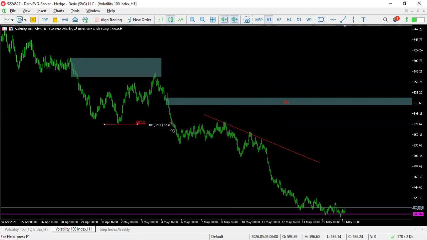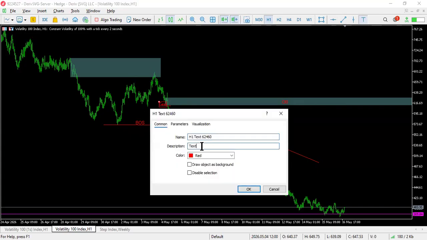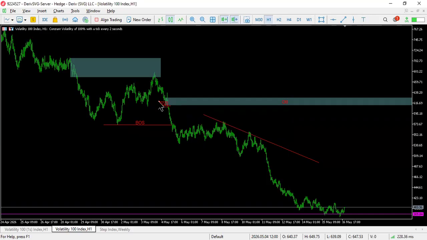We have a general break of structure right there, and then we have an internal break of structure right there, which is where that order block is coming from. Therefore, I'm going ahead now to place my sell limit.